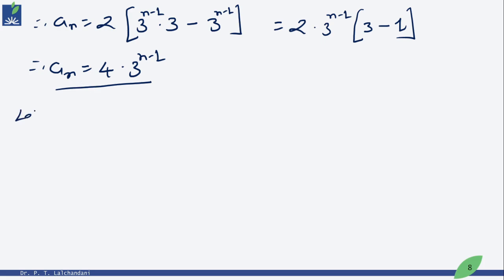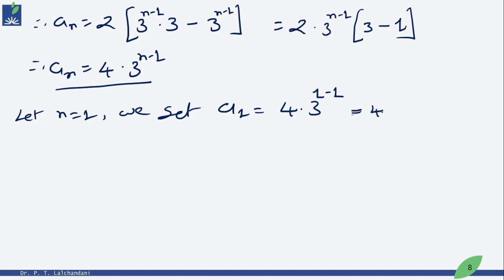So let us see what happens if we take n equal to 1. So we get a1 is equal to 4 into 3 raised to n minus 1, n equal to 1 here, so 1 minus 1. So it is 4 into 3 raised to 0, and something raised to 0, that is 1. So it is 4 into 1. So from this we are getting a1 is equal to 4. Right?